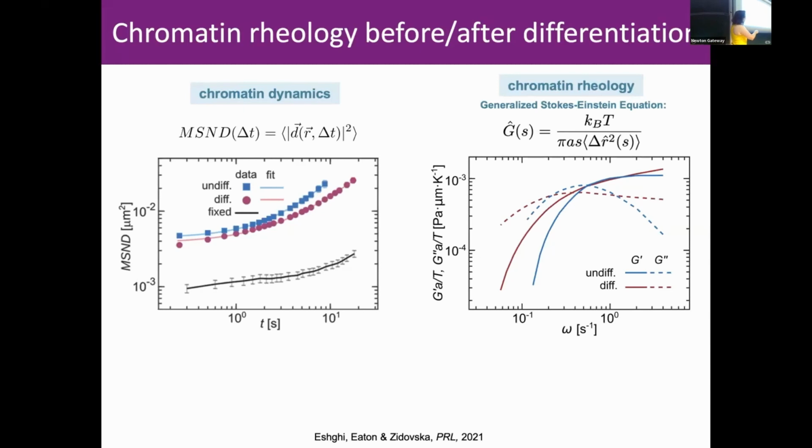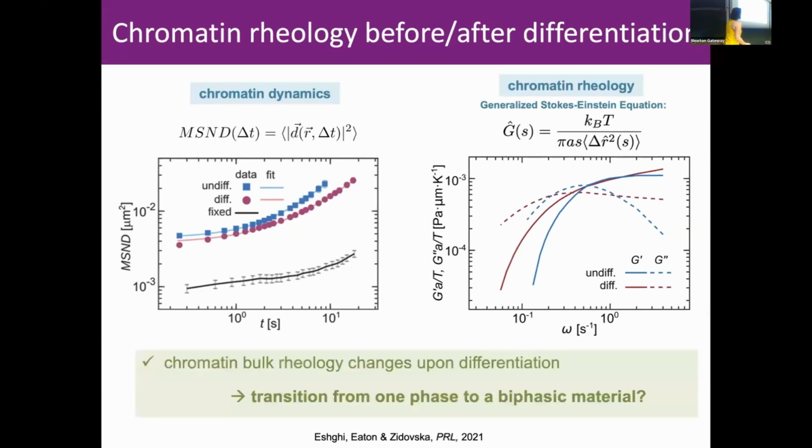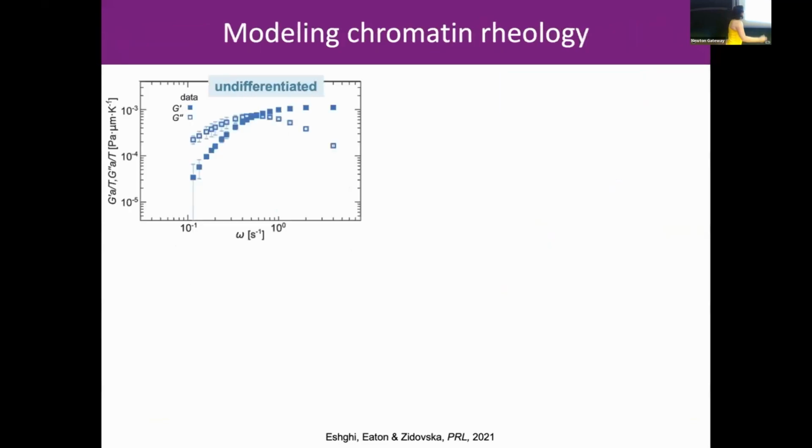And what you can see right away is the functional difference, the shapes of the blue curves versus red curves, so our G prime and G double prime are different between stem cells and neurons. Now, is this difference coming from the fact that one is a one-phase material and the other is a biphasic material? So let's do the following analysis.